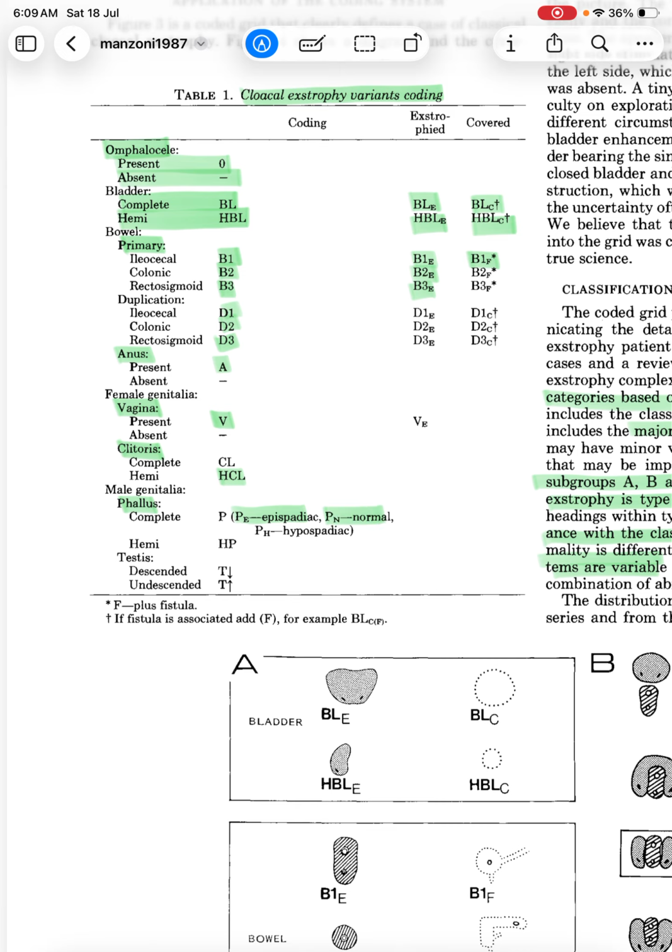PN means phallus is normal. PH is hypospadiac, which is rare here. Then it can be in the form of hemispadias, hemiphallus. Then testis, if descended, they have drawn it like this, and undescended, they have drawn it like this. So in this way this coding was done.